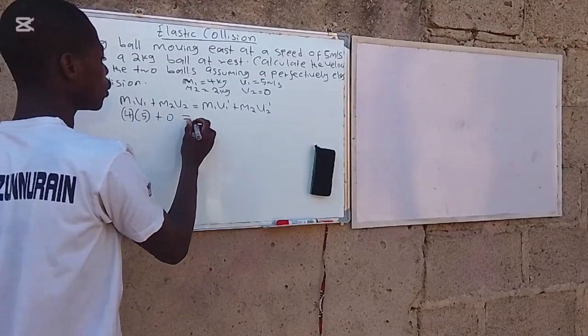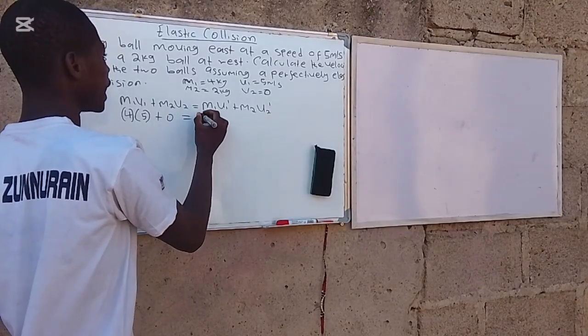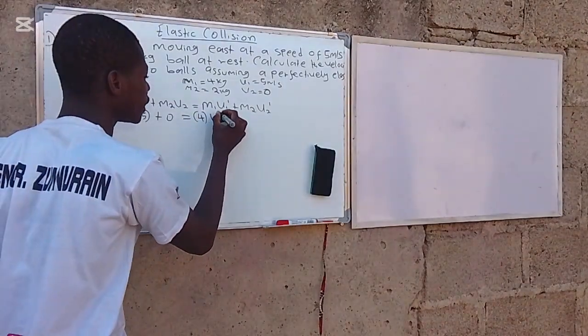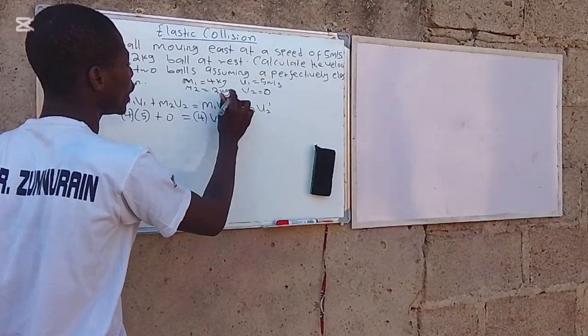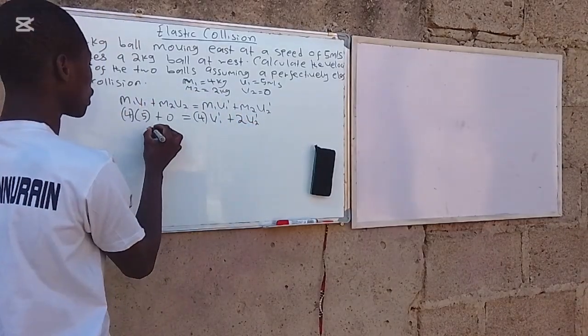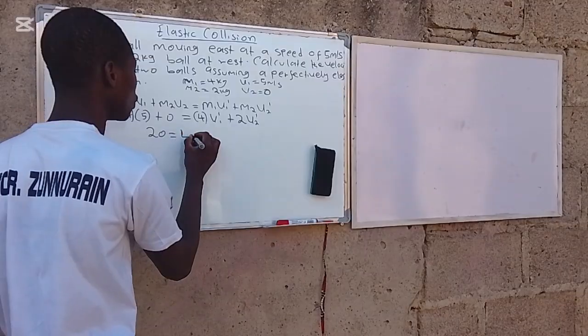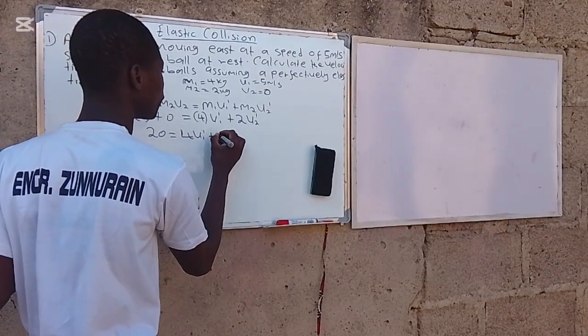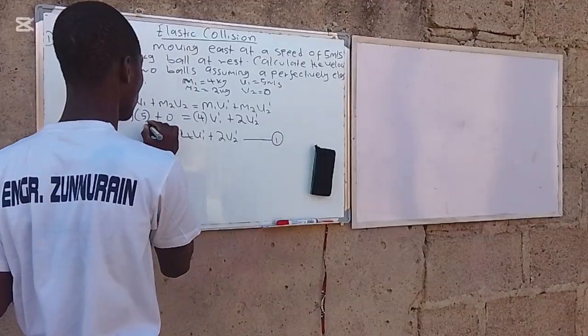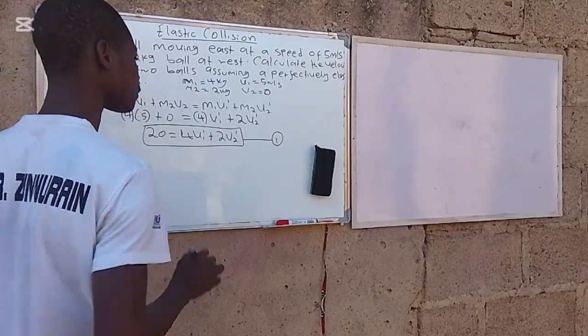So this should now equal m1, which is 4, multiplied by v1 prime, which I'm looking for, plus m2, which is 2, multiplied by v2 prime, which I'm looking for. So this should now be 20 equals 4 v1 prime plus 2 v2 prime. Let me call this equation 1.